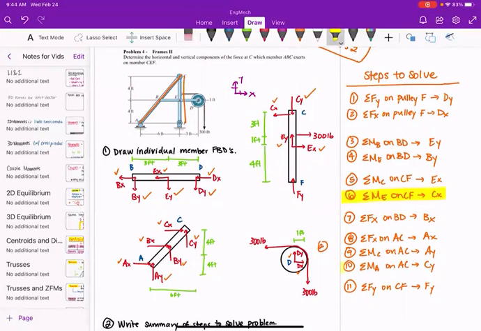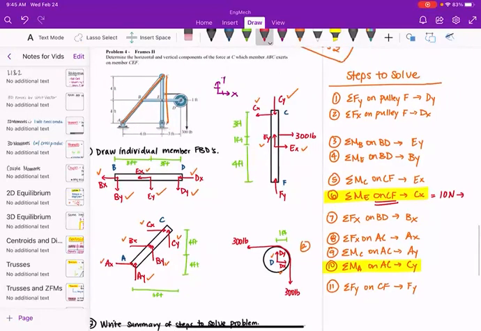So you do normally have to do almost all of the steps. They'll end up asking you about a value that you have to find later on in the problem, like the calculation. But if you look here, I solved this one on CF. So say I got CX equals 10 newtons to the right. That would be on CF.